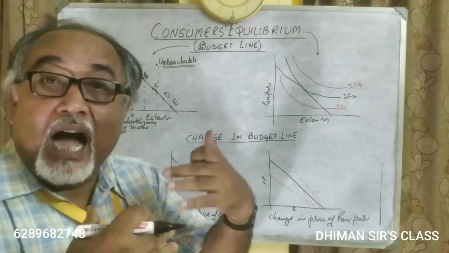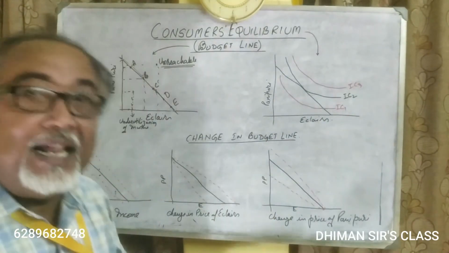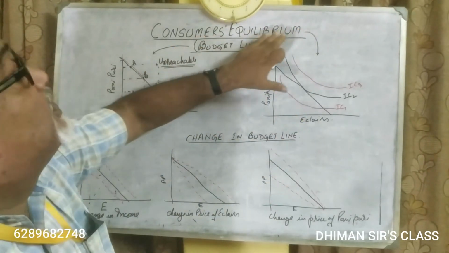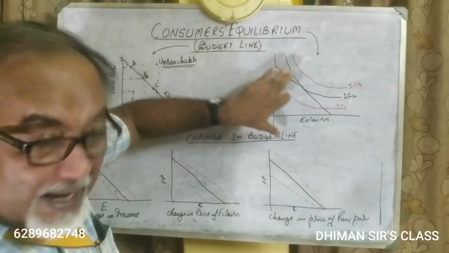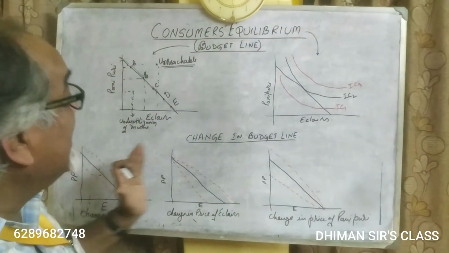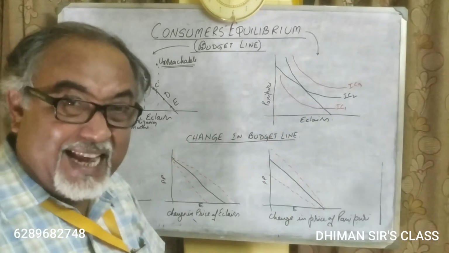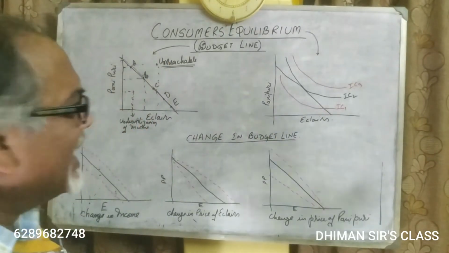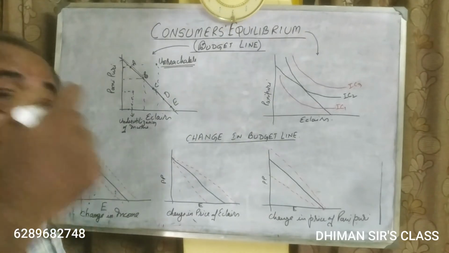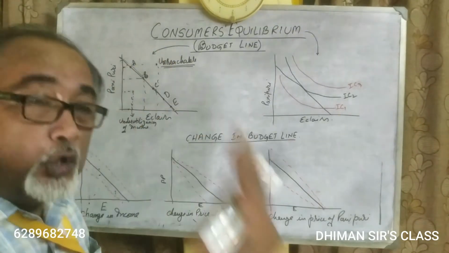How to understand that will be clear through this diagram, consumer's equilibrium with the help of the budget line. I am coming to this diagram. Before that, let me explain the changes in the budget line. The budget line can be changed in two cases.